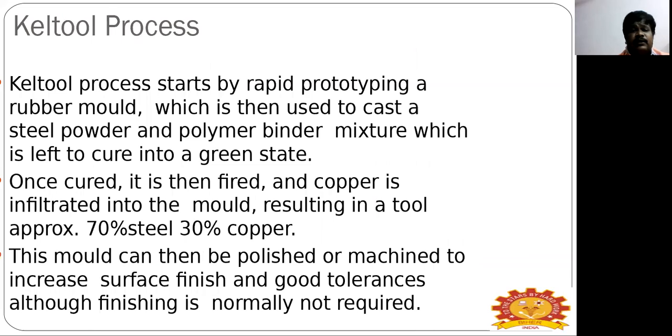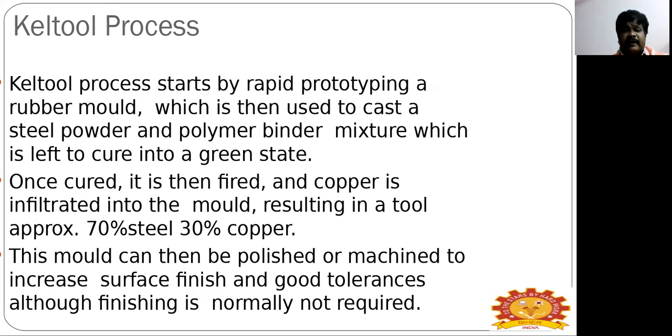Then our Kel tool process. The Kel tool process starts by rapid prototyping a rubber mold. That is used to cast a steel powder and polymer binder mixture.